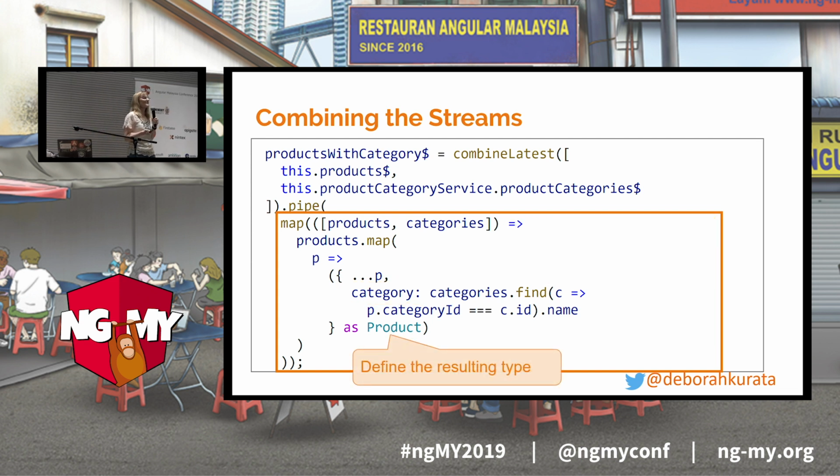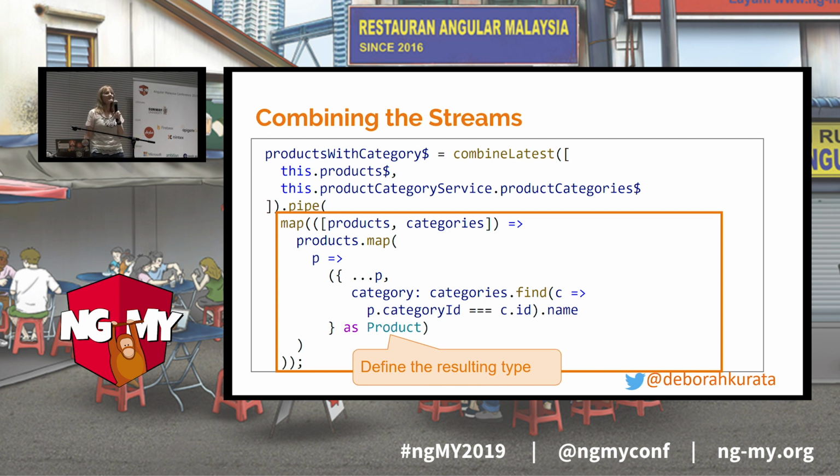Lastly, we want to define the resulting type, because the observable coming out of this stream, our productsWithCategory$, we want to be emitting an array of product. So we ensure that each individual product that we're creating from the products in the array are indeed still of type product.